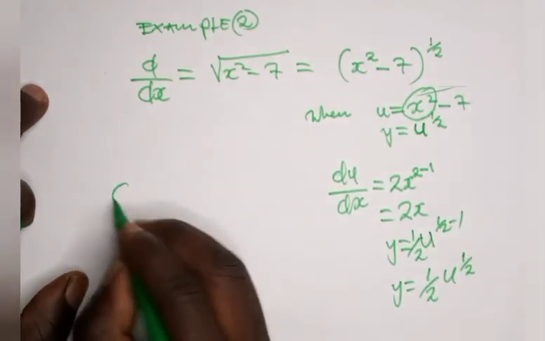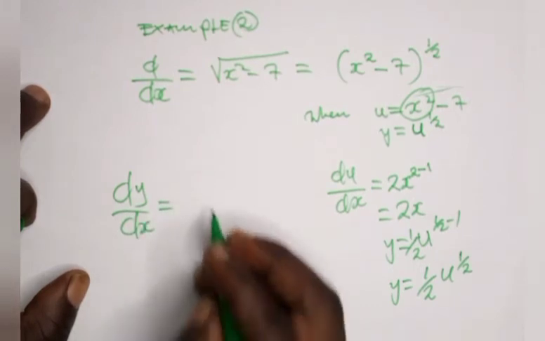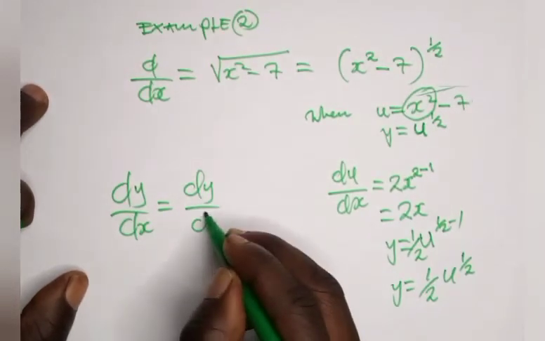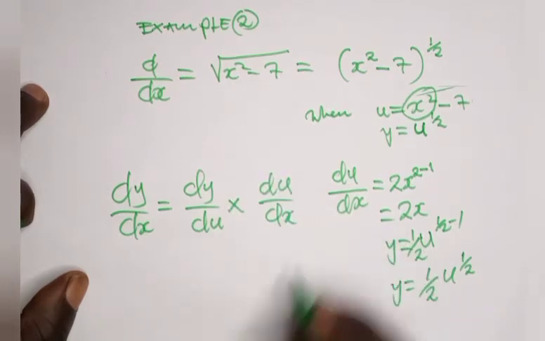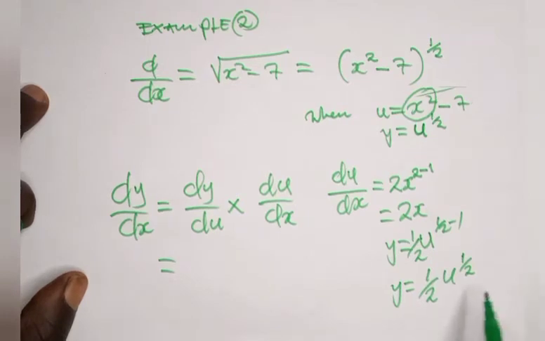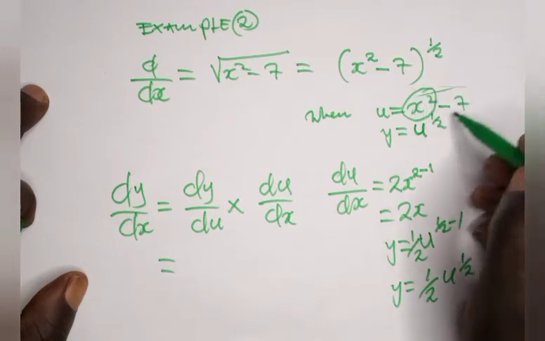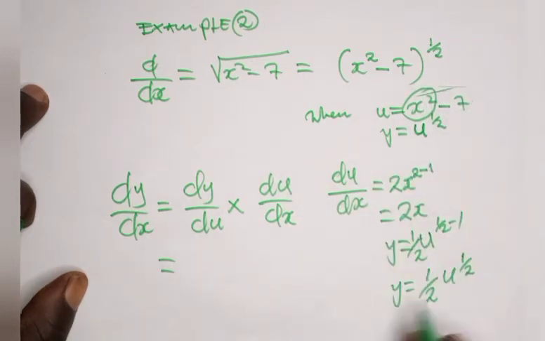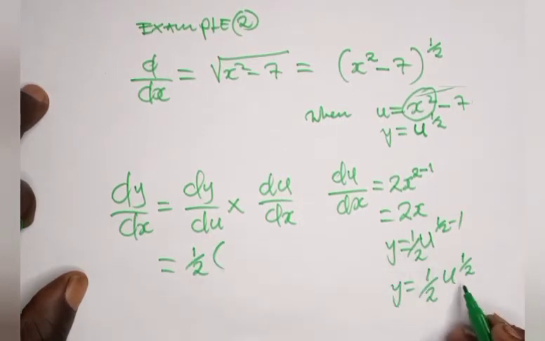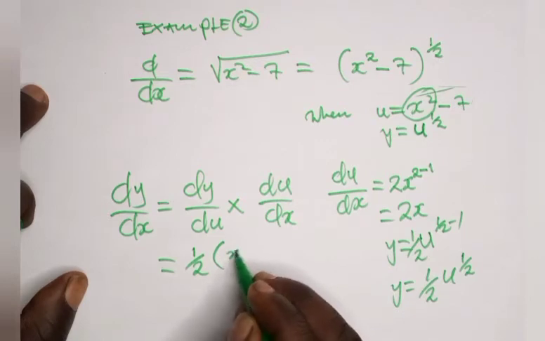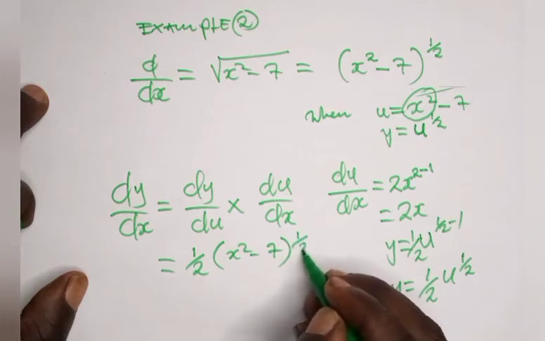Then dy over dx equals dy over du times du over dx, which equals, as I said, we are going to substitute where there is the u with this equation. Then it will be half, where there is u, it is x squared minus 7 power minus half.